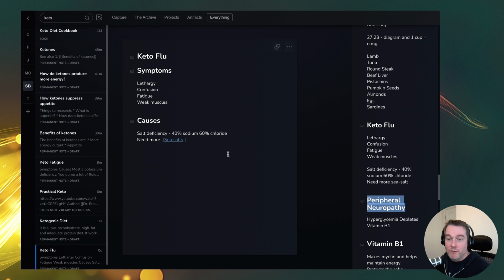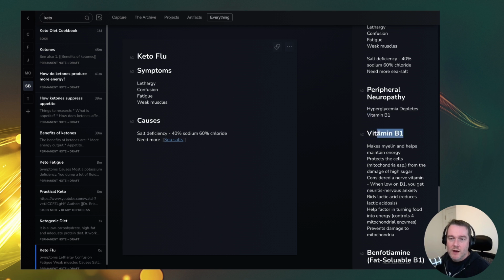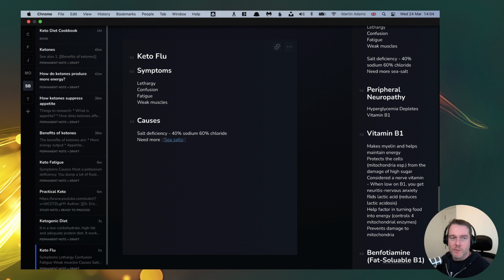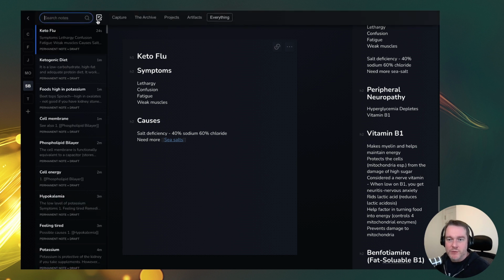Peripheral neuropathy. There's the hypoglycemia. Okay, I'm not going to dwell too much on that. I think if it's important, my path in other research will find it again.